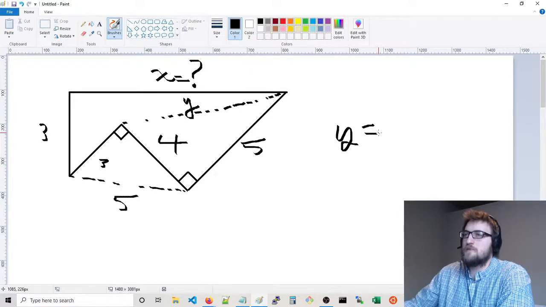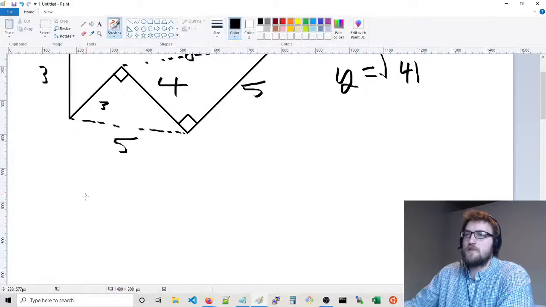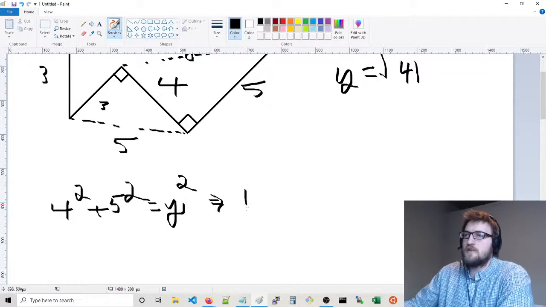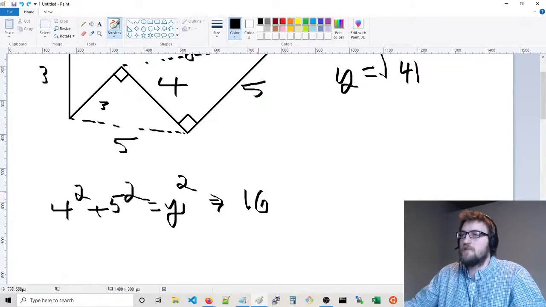Y is going to be the square root of 41. The reason is 4 squared plus 5 squared, again Pythagorean theorem, is y squared. So that gives us 16 plus 25.